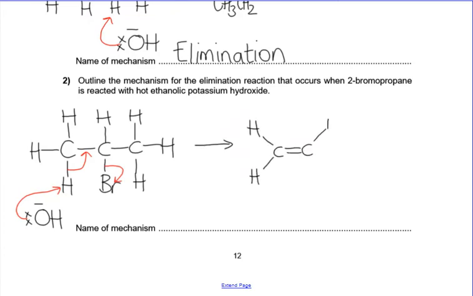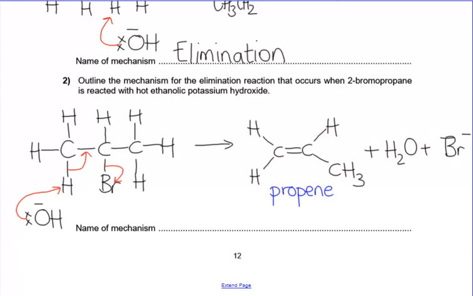Now, if you've drawn the hydrogen from the right-hand carbon, you'll just have a picture that is a mirror image, a reversal of my structure. It is still the same structure, it is still propene. And the bromide ion, this is called elimination.